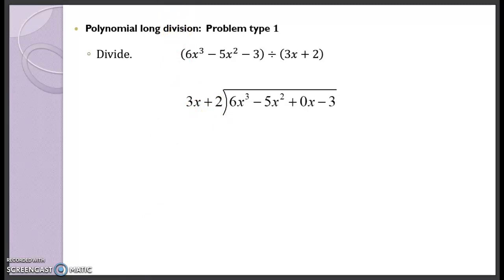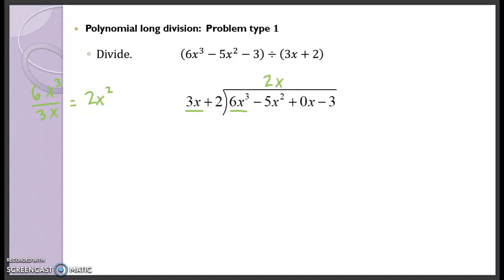we take this first term of both our dividend and our divisor, and we divide them. Or we say 3x times what equals 6x cubed. So 6x cubed divided by 3x equals 2x squared.